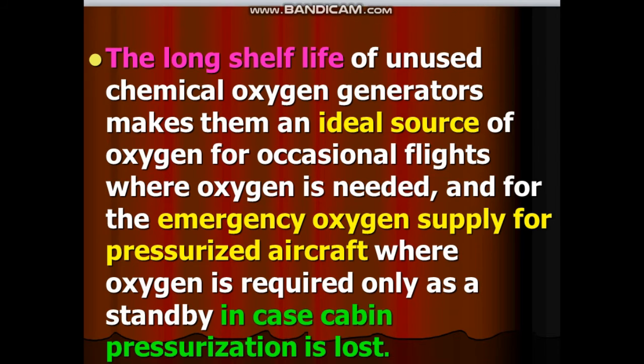The long shelf life of unused chemical oxygen generators makes them an ideal source of oxygen for occasional flights where oxygen is needed, and for the emergency oxygen supply for pressurized aircraft, where oxygen is required only as a standby in case cabin pressurization is lost.